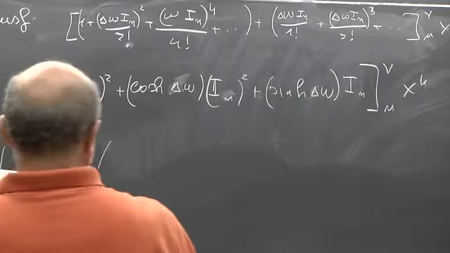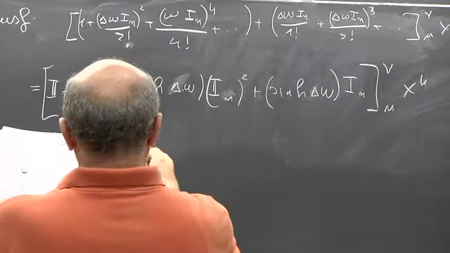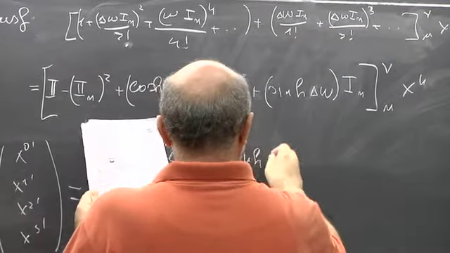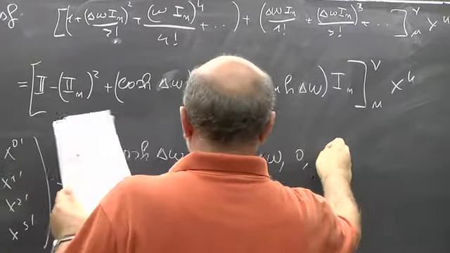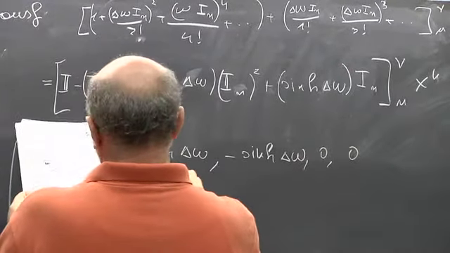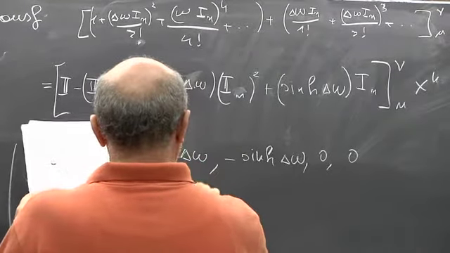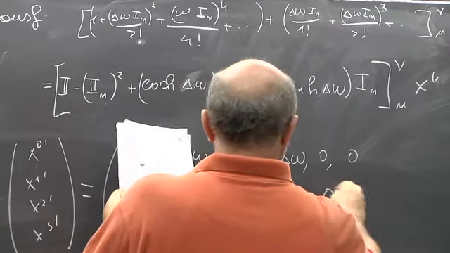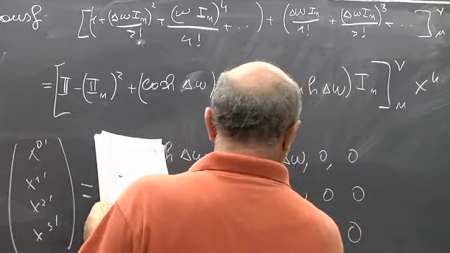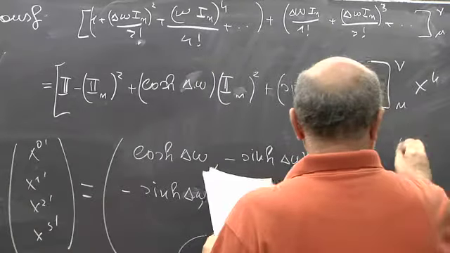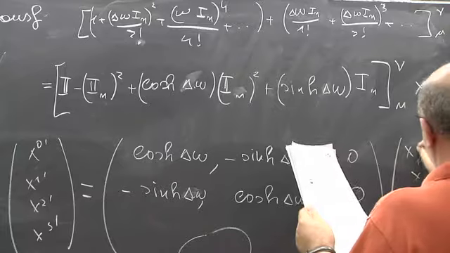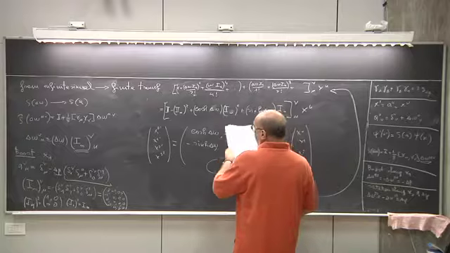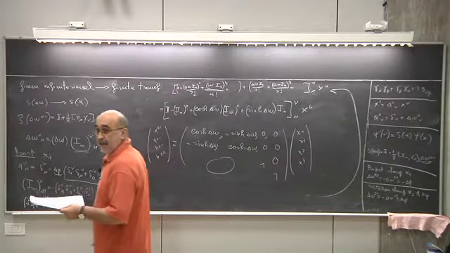These matrices now become nothing else than cosh(Δω), -sinh(Δω), 0, 0; then -sinh(Δω), cosh(Δω), 0, 0; then 1, 1, and all the rest is 0, applied on x0, x1, x2, and x3. So you get the usual transformation for the boost, right?